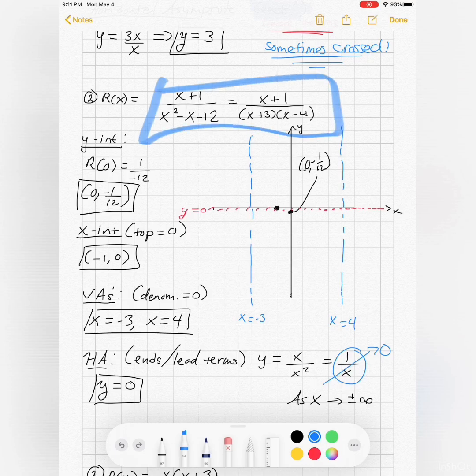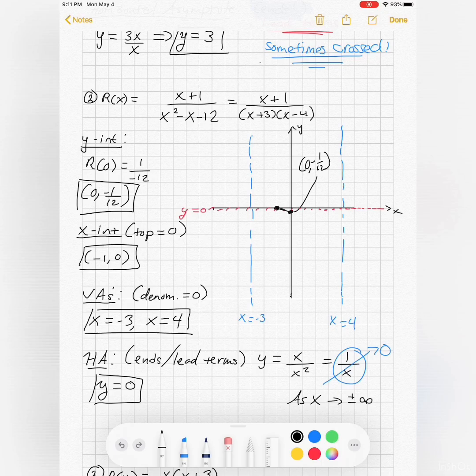Now, I guess I could go back here and start plugging in points, but I think I could be a little more clever and probably graph this just with the information I have. Look at this. I have to connect these 2 points. Look at the x-intercept of -1. You see how it has a multiplicity of 1?